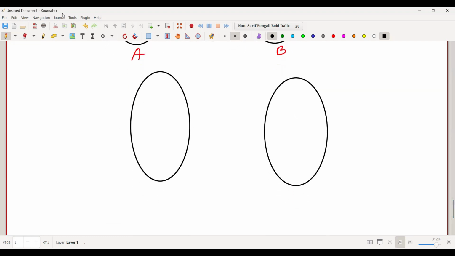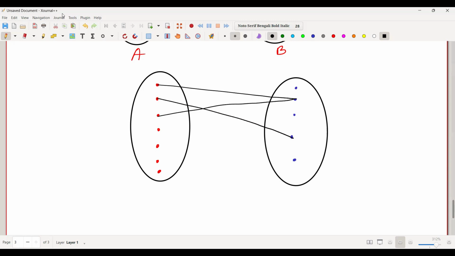Now again I am drawing another picture. See, this is also another set.